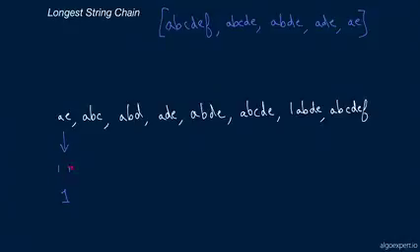In this case, it's going to be the empty string for AE, and the length of the longest string chain starting at that string. In this case, it's going to be 1. I'm not going to actually write this hash table here in the conceptual overview, but I'm writing the values stored in that hash table right here with this arrow pointing to these values, okay? This will make a bit more sense in the code, but hopefully you're following along here.